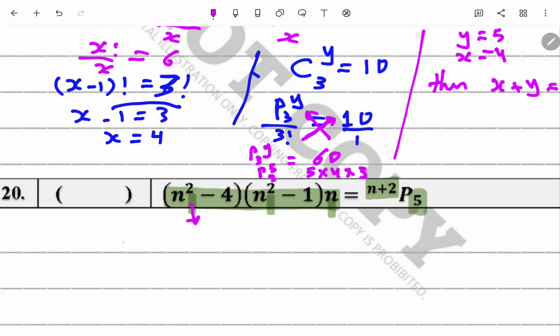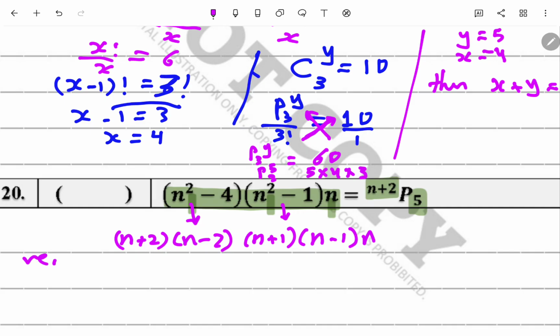In the first one, I can use the difference between two squares by writing n plus 2, then n plus 1, n minus 2. In the second one, I can write n plus 1 and then n minus 1, which are the rules of difference between two squares. Then n is coming later.